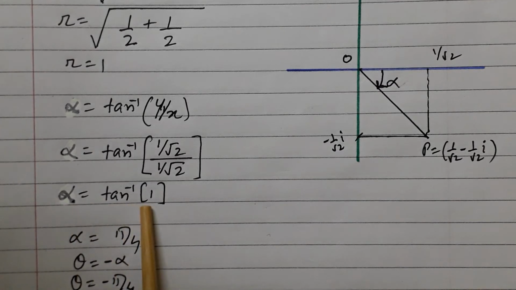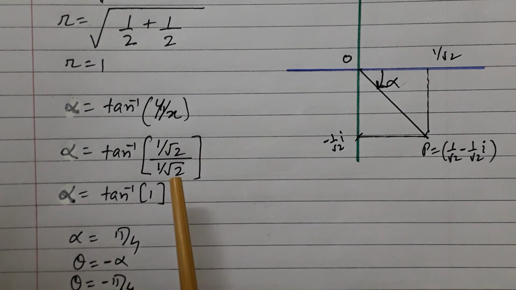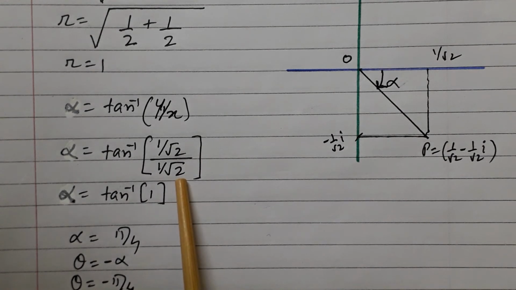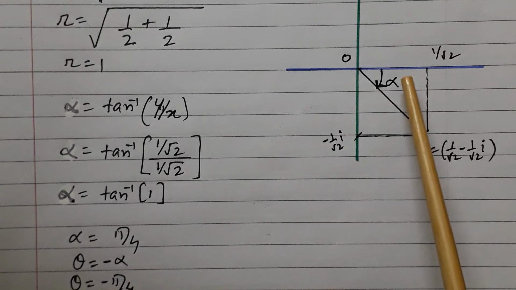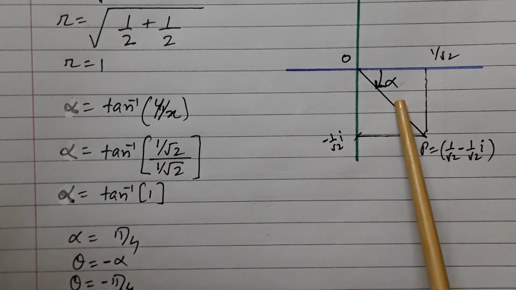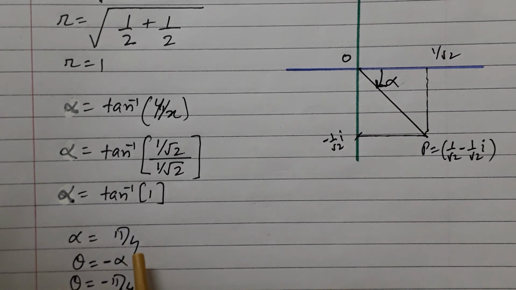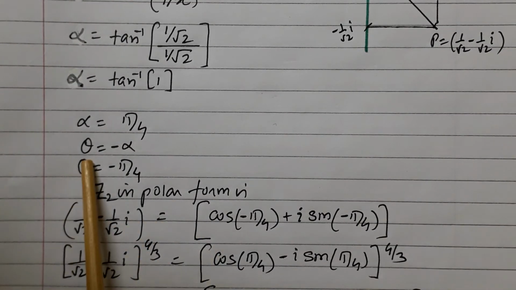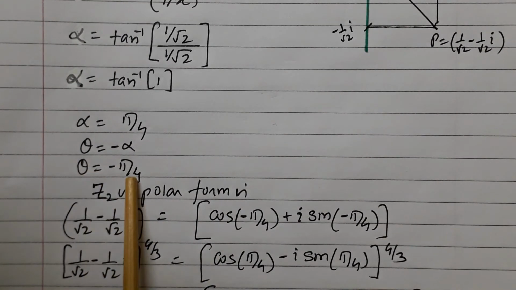Alpha is equal to tan inverse 1, so alpha is 45 degrees. Since I have substituted y, which is 1 by root 2, as positive, I am getting the angle positive. However, alpha is moving in the clockwise direction, so alpha is negative. So theta is equal to minus alpha, so theta is minus pi by 4.